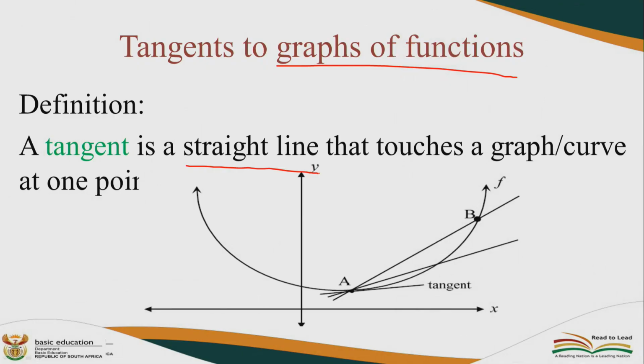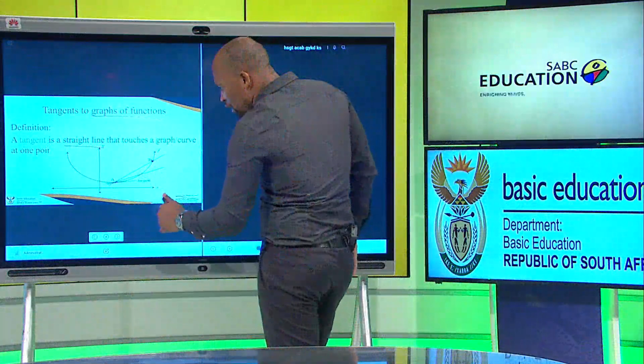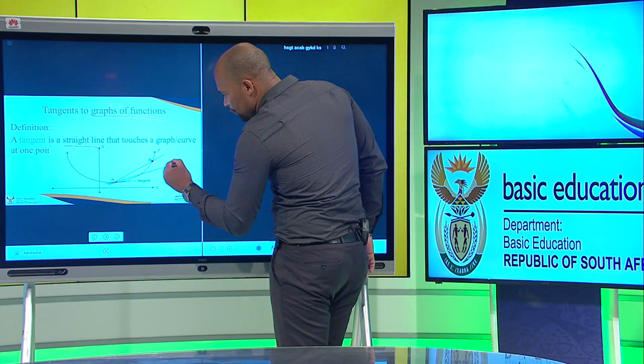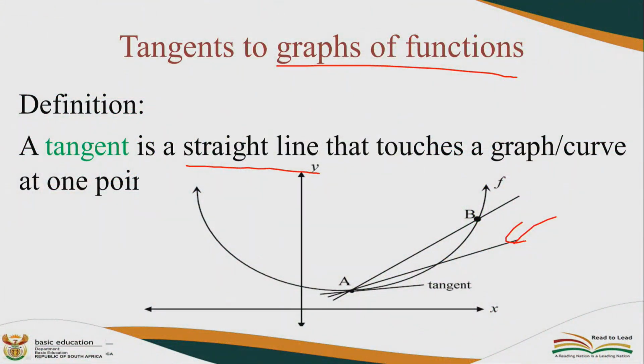If you see there, AB, that line passing through AB, we cannot call it a tangent because it doesn't touch only one point, but it touches two times. If you can see also this line, it's also not a tangent. So these two lines are not a tangent. We are looking at a specific line that touches only one point. So that's where our tangent at A is.